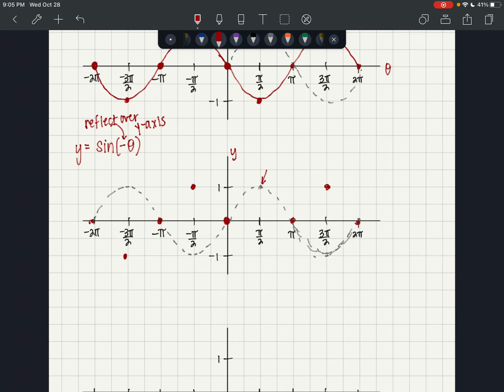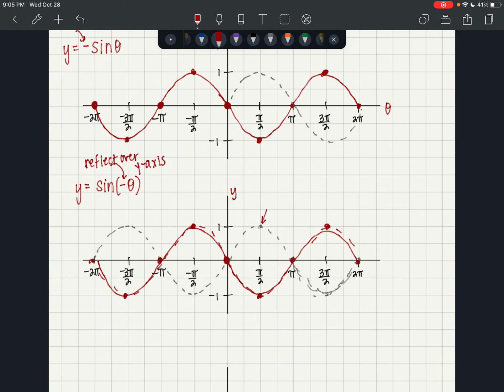So I think I've reflected all of the x-intercepts. Oops, I forgot that reflection. So there's our sine of negative theta.